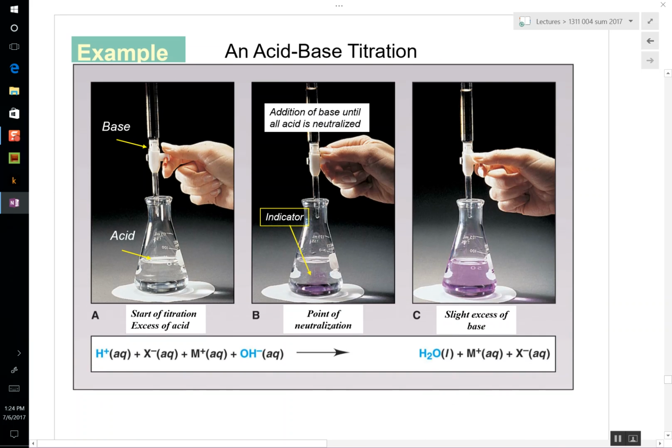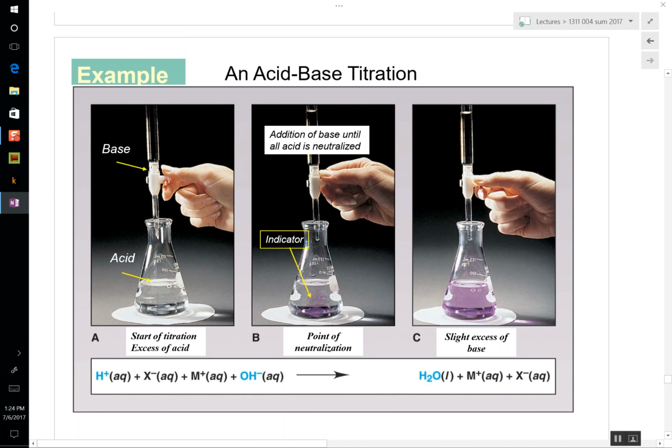This is what it looks like in real life. The burette has a Teflon valve at the bottom, so you can turn it and drip the standard solution from the burette into your acid.